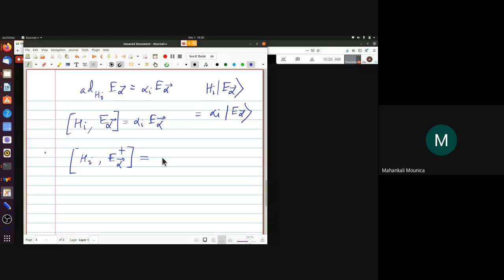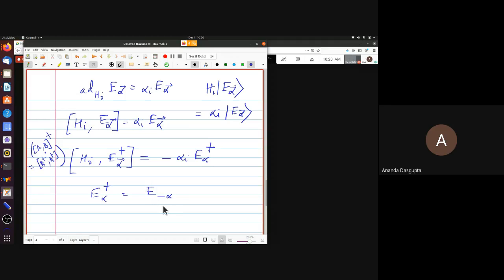Minus alpha I, E alpha dagger. Exactly, because that's a general result which follows from the fact that the adjoint of the commutator A comma B is B dagger comma A dagger. So E alpha dagger can be identified with E minus alpha.